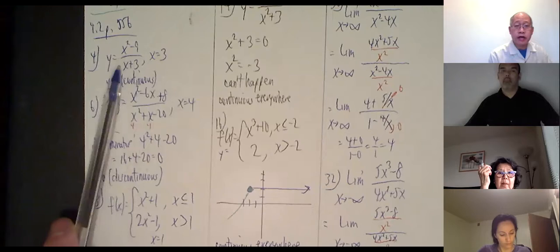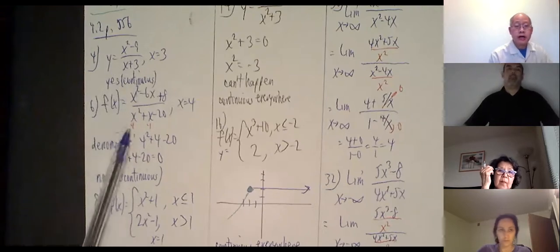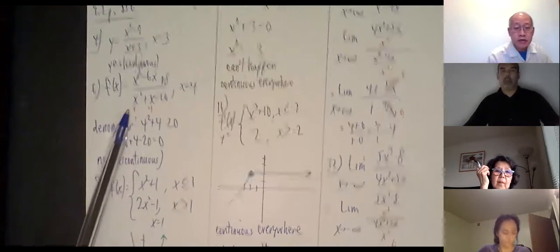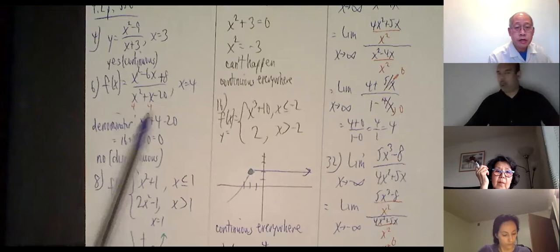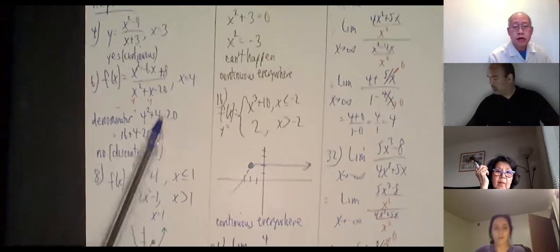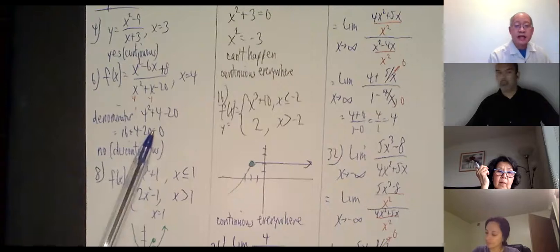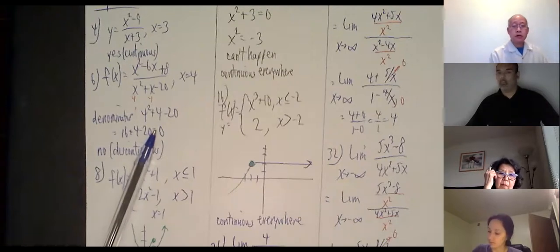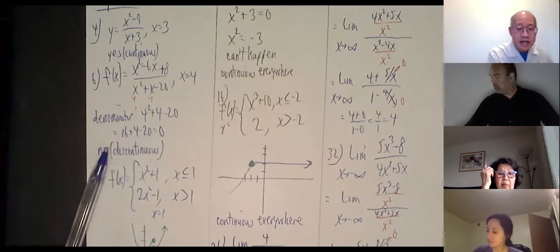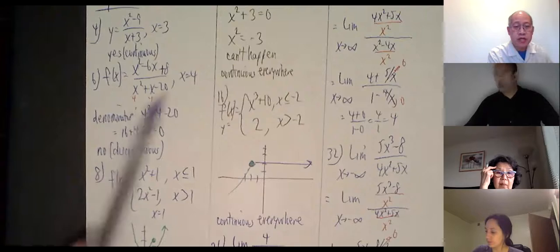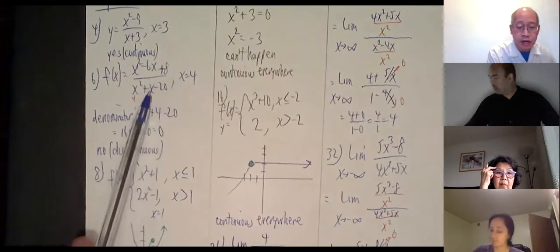So over here, I don't get a 0 in the denominator. Do I get a 0 in the denominator here? Well, let's see. I have 4 squared plus 4 minus 20. That's 16 plus 4 minus 20. That is equal to 0. Okay. So the function is not continuous, or discontinuous, at x equals 4 because I'd be dividing by 0.